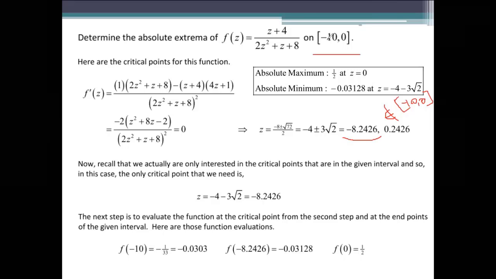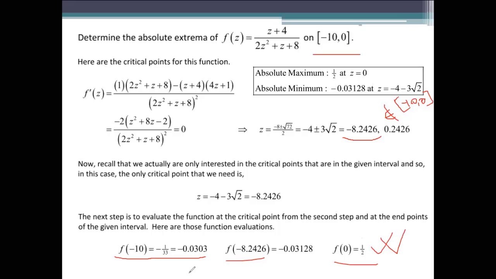So we have two endpoints: f(-10), f at this critical point, and f(0). When we identify our absolute minimum and absolute maximum, the greatest value is 1 over 2. This is the absolute maximum.